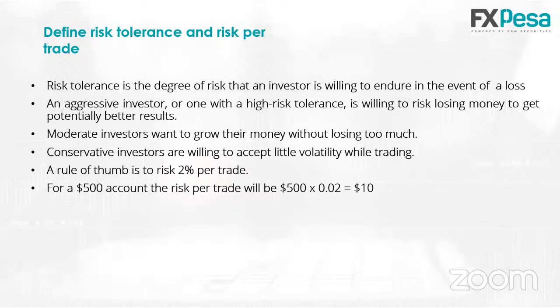And then we have moderate, who don't want to be risking too much or don't want to lose too much for their trades. And then you have the very conservative traders who usually have either very tight stop losses or very small risk rewards. Very small risk percentages when it comes to allocating how much they're going to risk per trade.